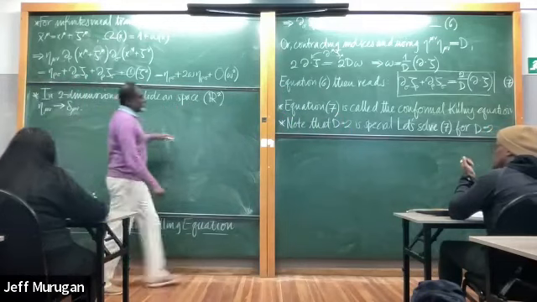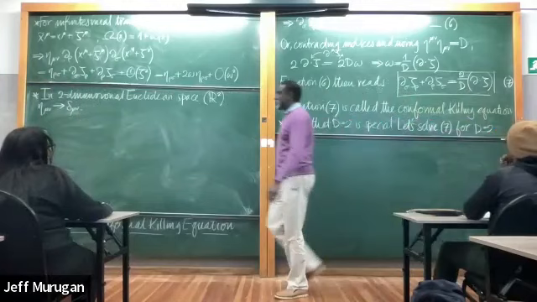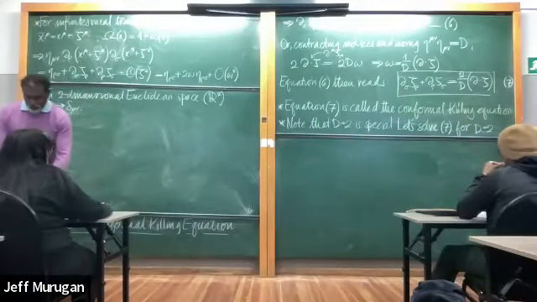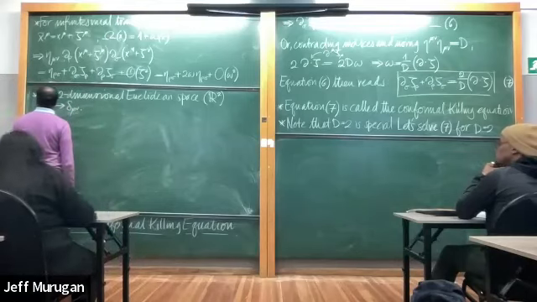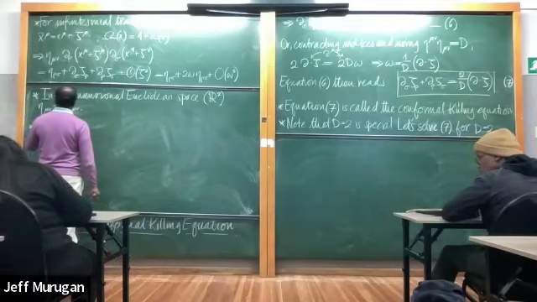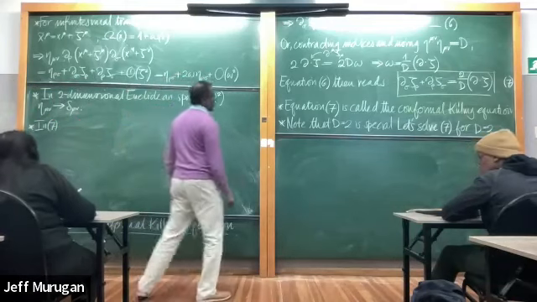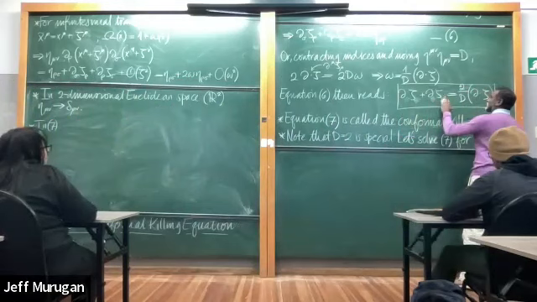So now let's take equation 7 and set mu and nu, rho and sigma, whatever, equal to 1. Okay, so in equation 7, we'll set rho and sigma.